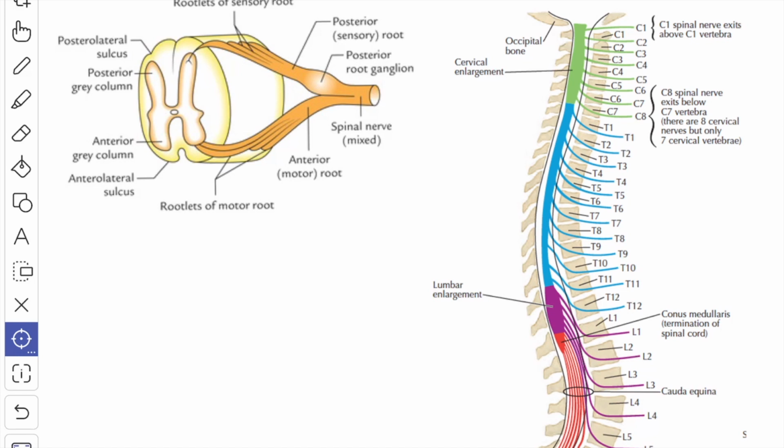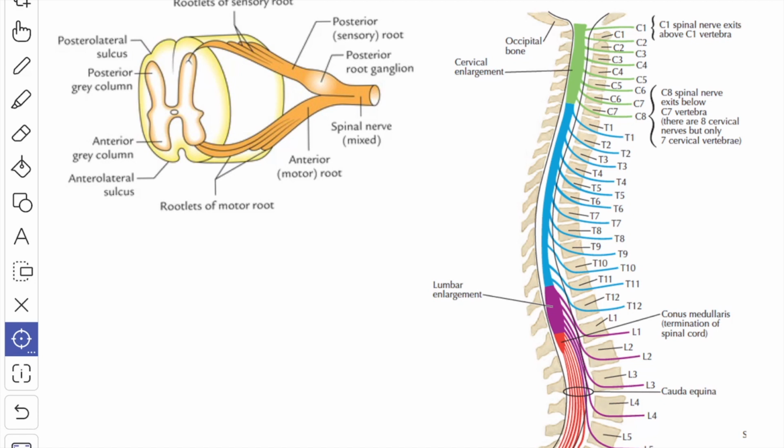Next we'll see about the attachment of the spinal nerves. There are 31 pairs of spinal nerves that emerge from the sides of the cord. Of these, 8 are cervical, 12 thoracic, 5 lumbar and 1 coccygeal.